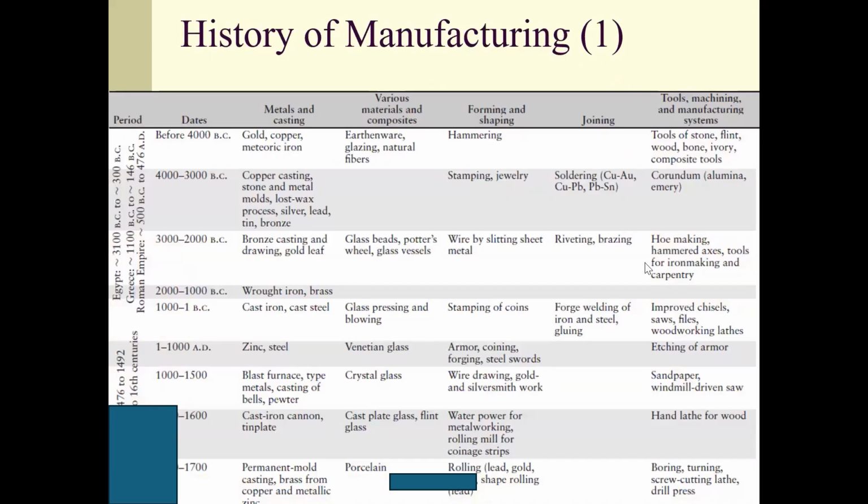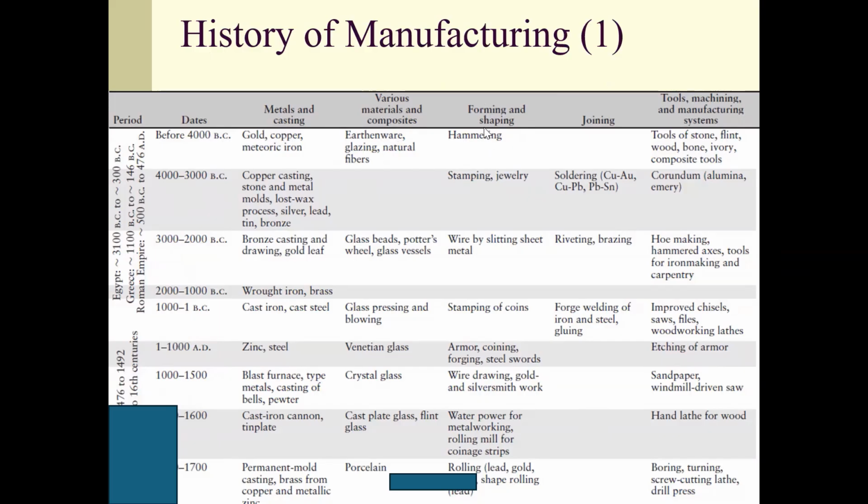So here is a history of manufacturing. This is from before 4000 BC until 1600 to 1700. So there are different materials, metals, and casting, various materials and composites, forming and shaping.